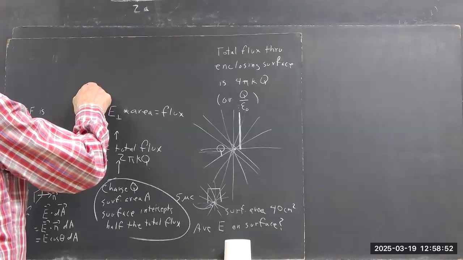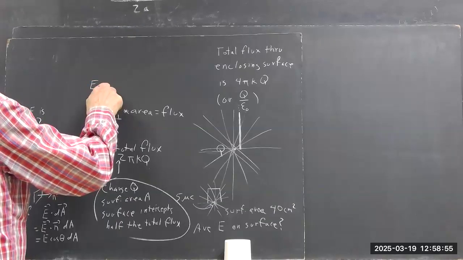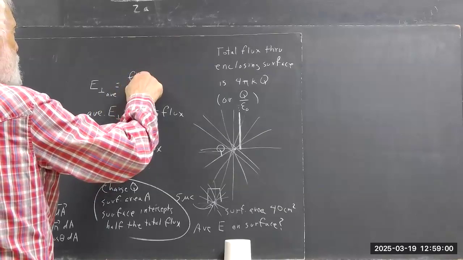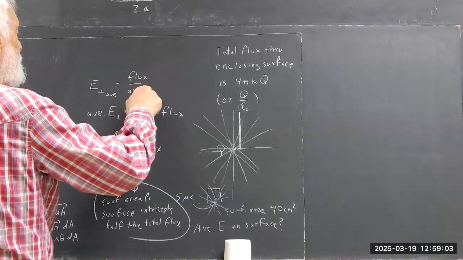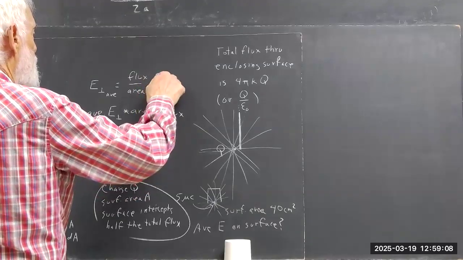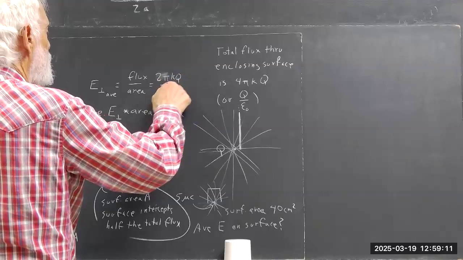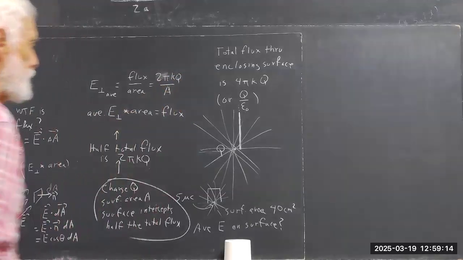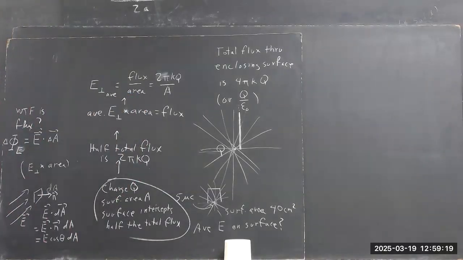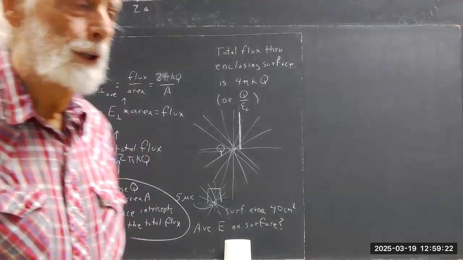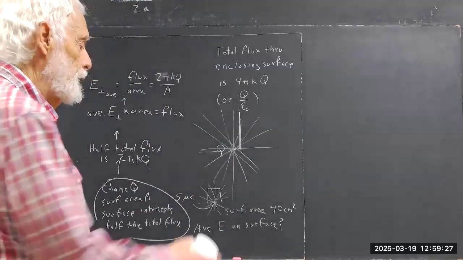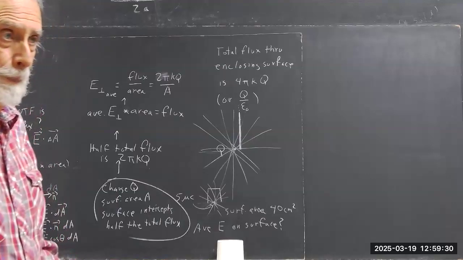So the average is this. Okay, you can't say much more. This surface is not symmetric with respect to the charge.